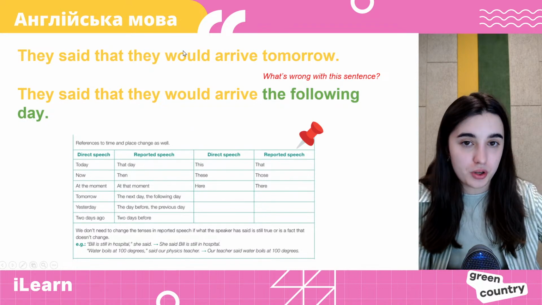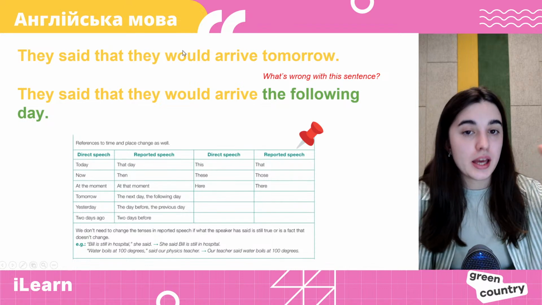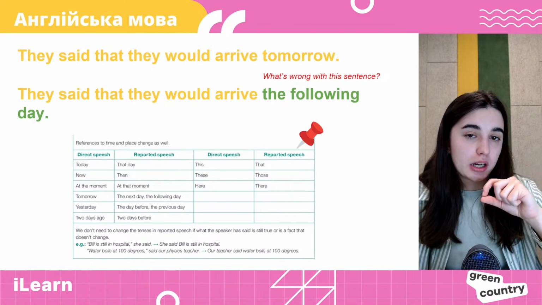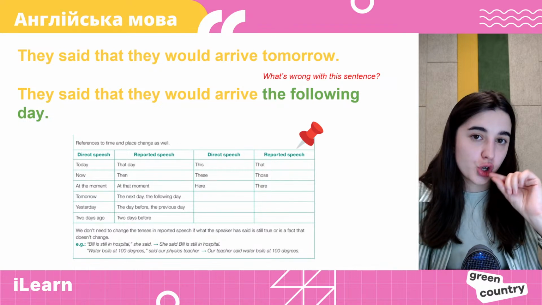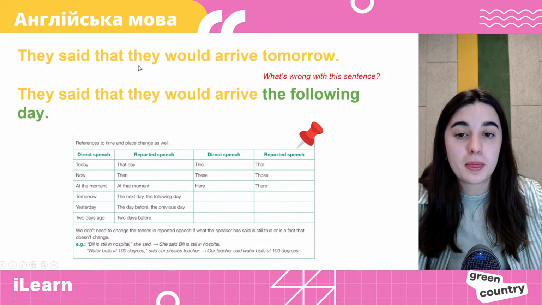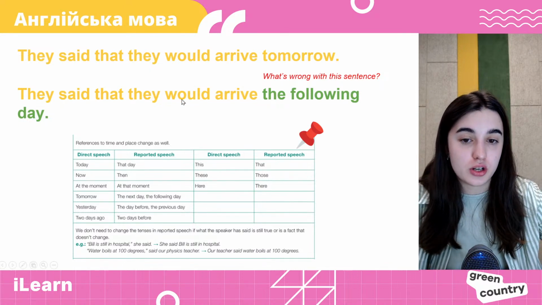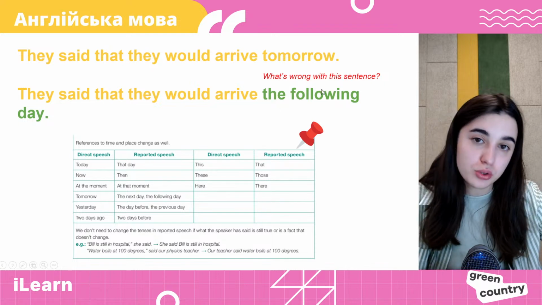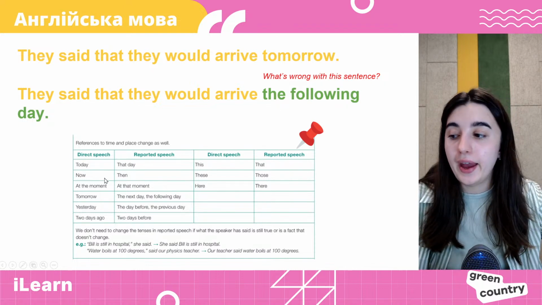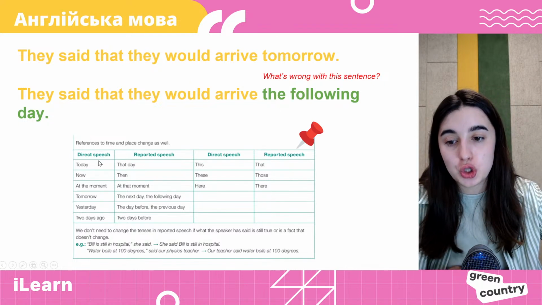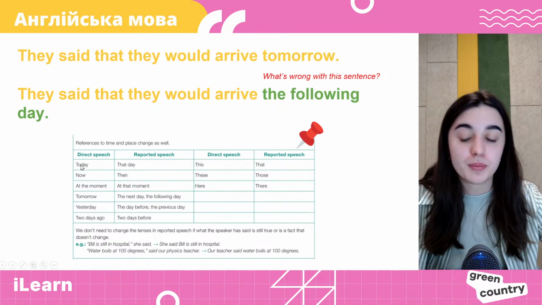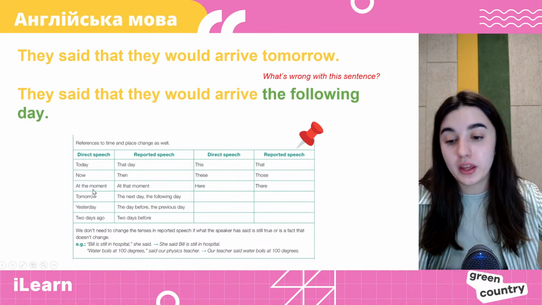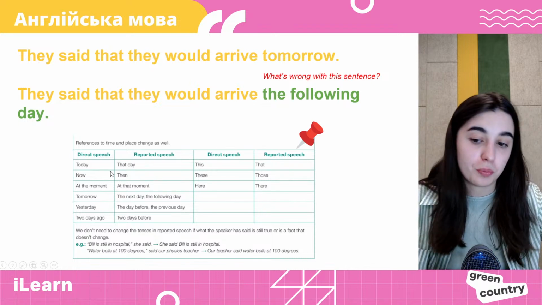So when we are talking about changing, these changes are applied to every part of the sentence. Here we need to change the tense and also the time marker. And in this table, you can see how they change. Today, that day. Now, then. At the moment, at that moment.